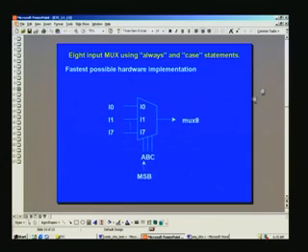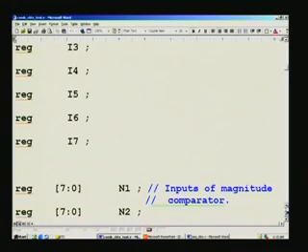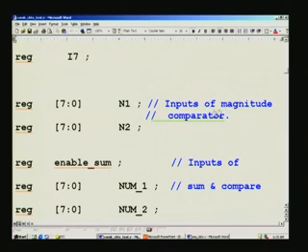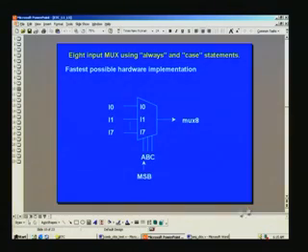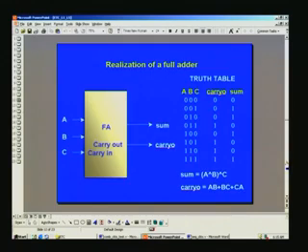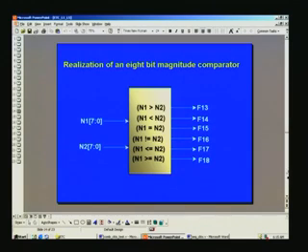This is what we had, right. And then we had a magnitude comparator. It contained N1 and N2 as two 8-bit numbers, and that is what is here. Say N1 and N2, it is a magnitude comparator.